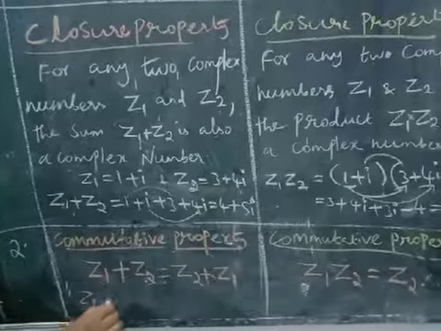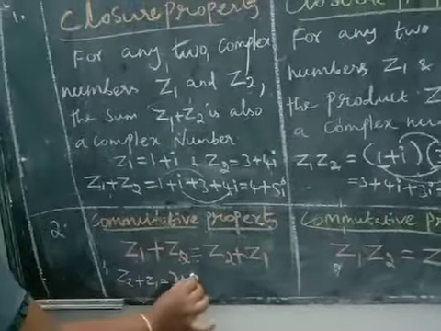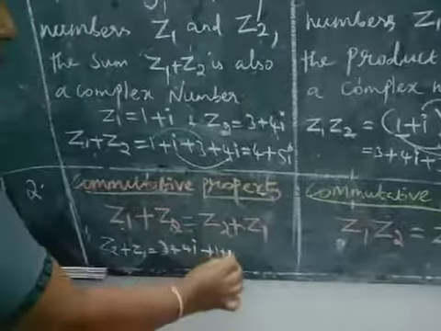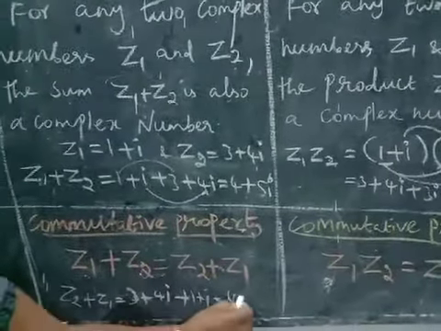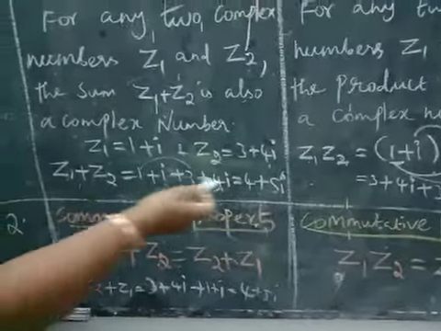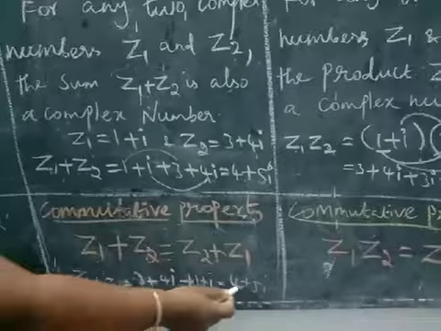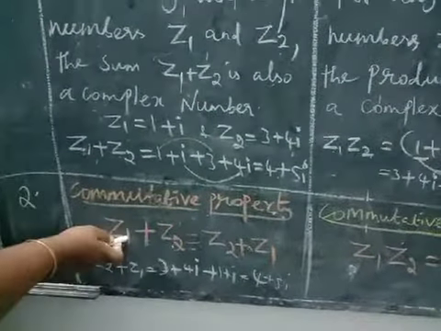Now z2 plus z1: first we write the complex number z2, 3 plus 4i. Next, z1, 1 plus i. Now what will you get? 3 plus 1, 4, 4i plus i, 5i. So always this should be equal. So z1 plus z2 is 4 plus 5i and z2 plus z1 is also 4 plus 5i. So this is the commutative property under addition.